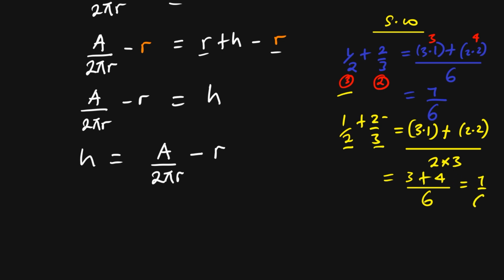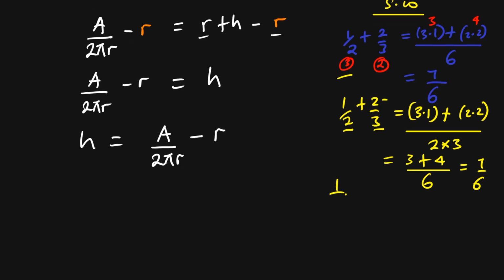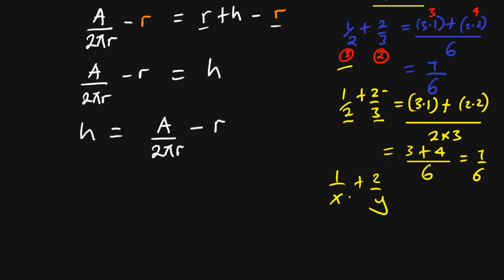7 out of 6. So if we have variables like 1 out of x plus 2 out of y, to obtain the sum of this, we take the denominator of this times the numerator of this. You will get y times 1 plus the denominator of this times the numerator of this.